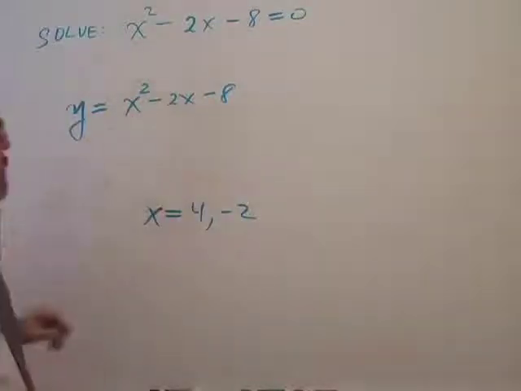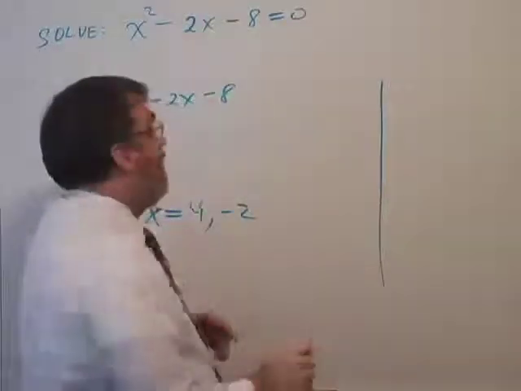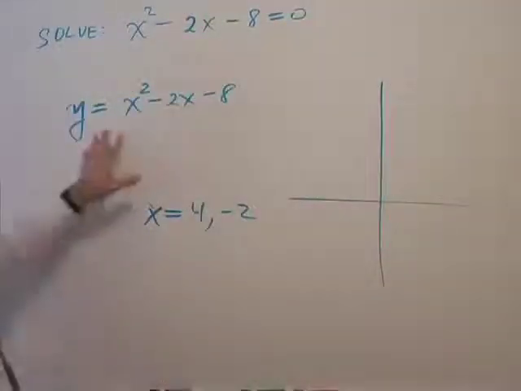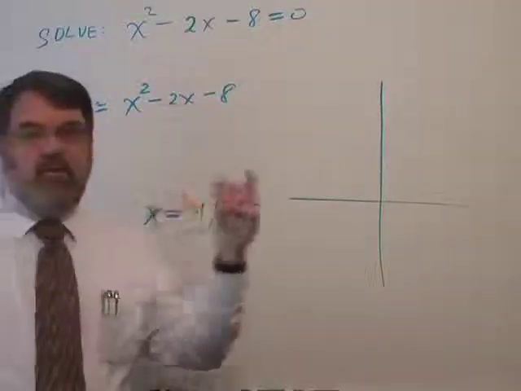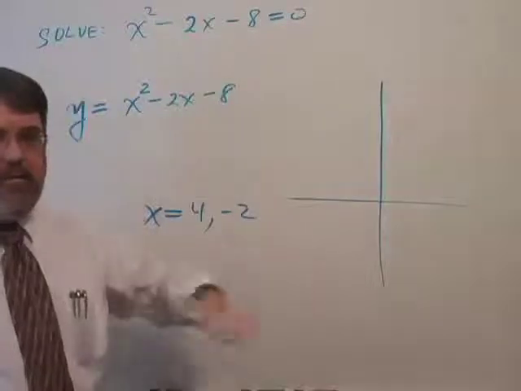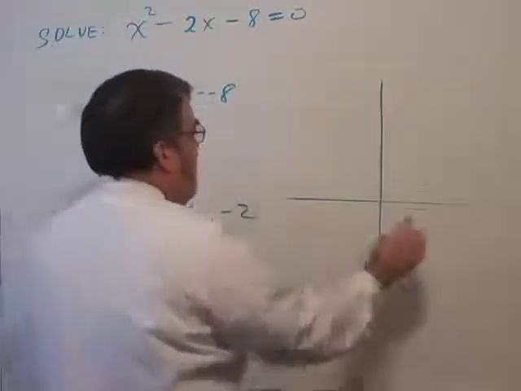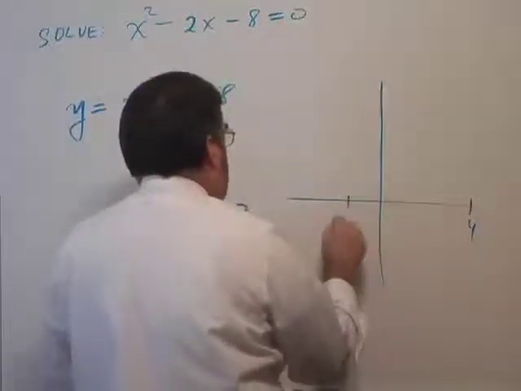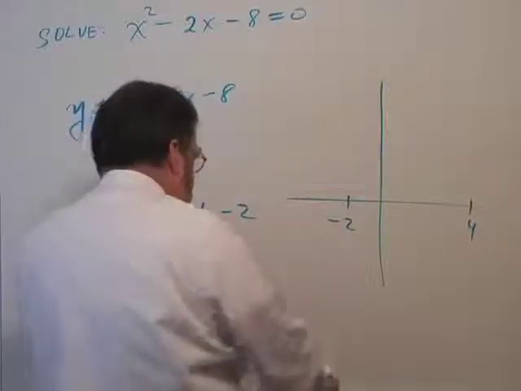Well, you're just going to have to take my word for it right now, we are going to study these in some detail pretty soon, but this shape is what's called a parabola. And it's an arch shape. It either loops up or arches over. And in particular, this one would cross the x-axis at 4 and at -2.